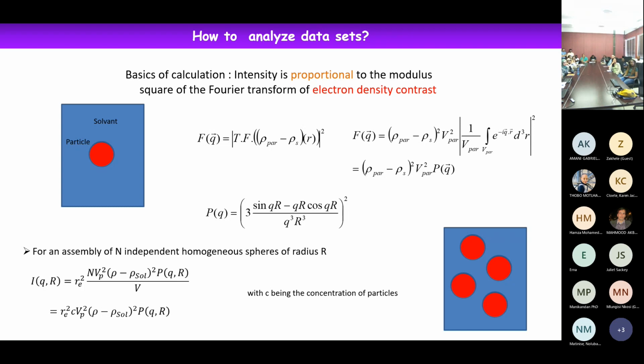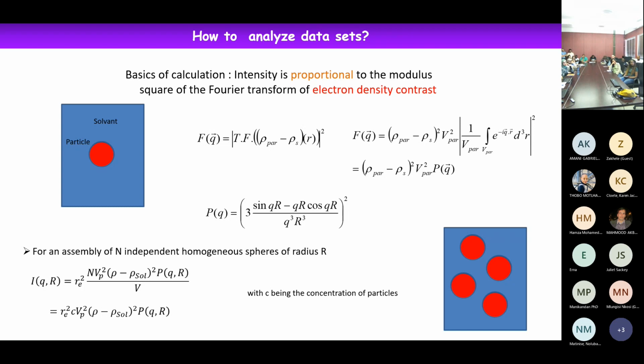Now if you put many particles, but in a diluted regime, so they are not really interacting between each other, the scattering is going to be like this: you just add the intensity of one particle multiplied by the number of particles divided by the volume of the solution.